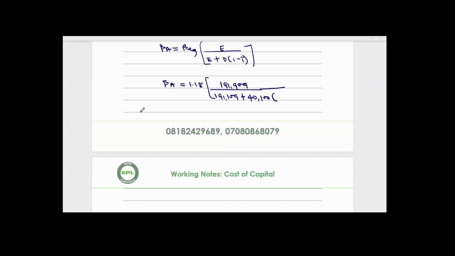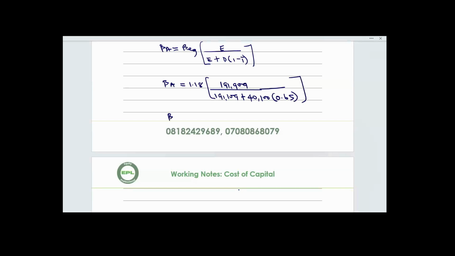The examiner did not tell you whether this tax rate belongs to the four freezer companies or Kilimanjaro. So you are going to assume both have the same tax rate. So 1 minus 35% is 65%, so 0.65.